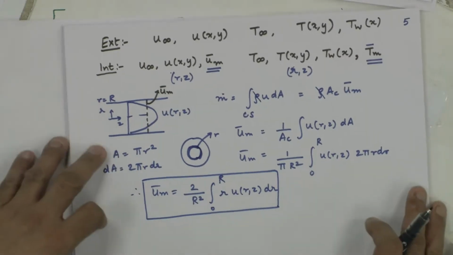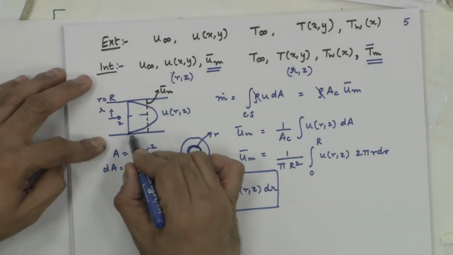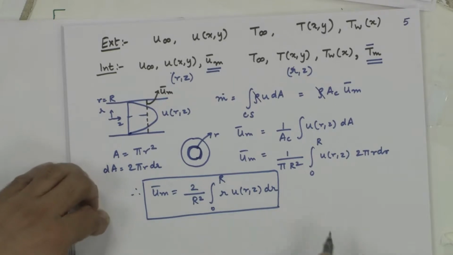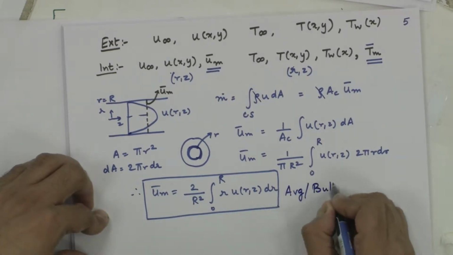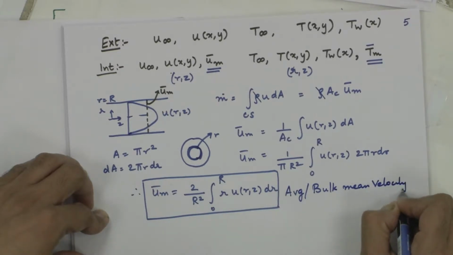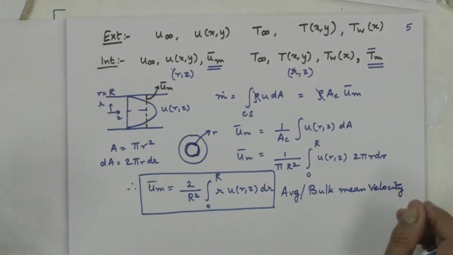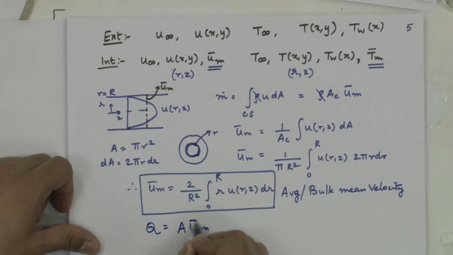If it is a laminar velocity profile, it would be a parabolic profile. If it is turbulent, it could be some other kind of profile. Whatever be it, the average or bulk mean velocity is defined like this. This quantity is used to calculate gross quantities like flow rate. Volumetric flow rate is A into bulk mean velocity.